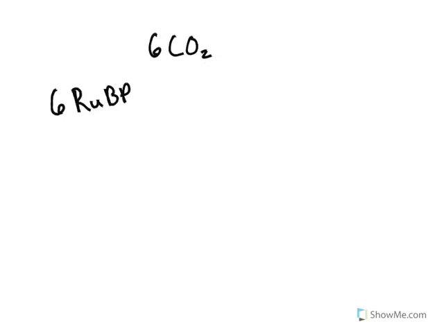Okay, and the last thing you need to know about photosynthesis is a little bit about the Calvin cycle. So you need to know that we're going to be using 6 molecules of CO2, the reason being is because 6 molecules of CO2, 6 carbons will equal 1 glucose. So for 6 molecules of CO2, we're going to be using 6 molecules of RUBP, and RUBP stands for ribulose bisphosphate.